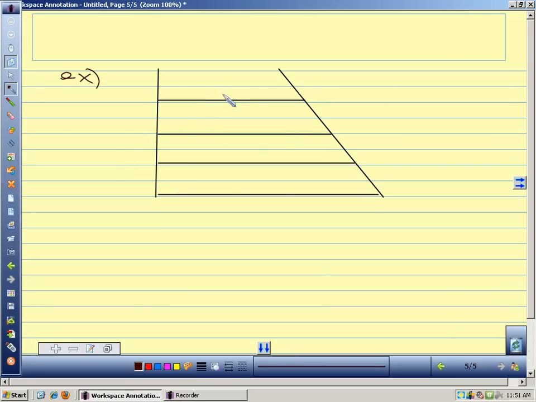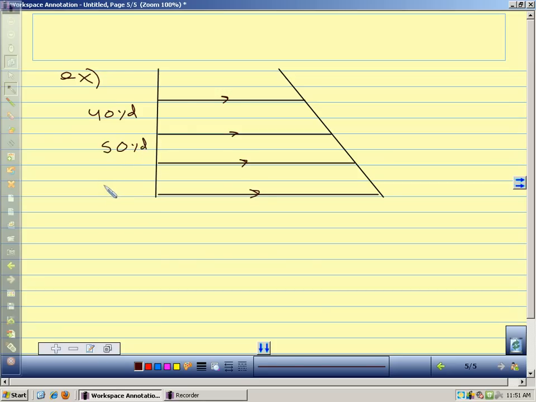And all four of these are parallel. This is 40 yards. This is 50 yards. And this is 62.5 yards. This is X. This is Y. And that's 80 yards.